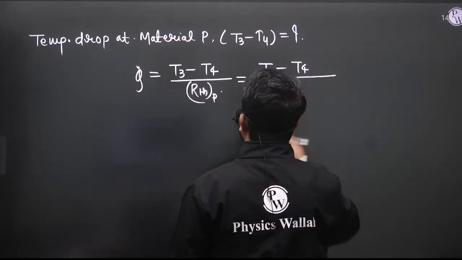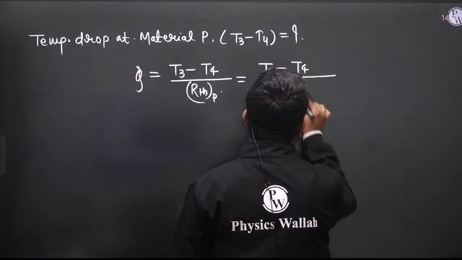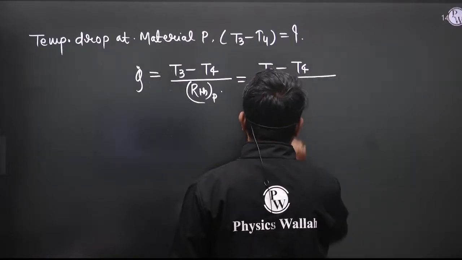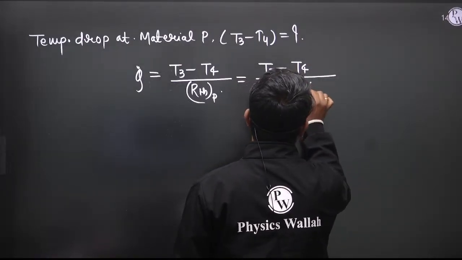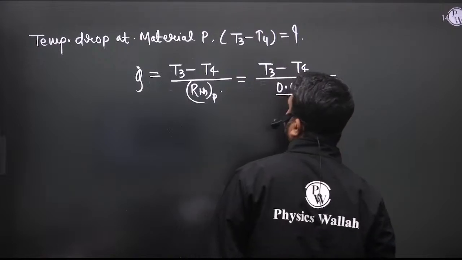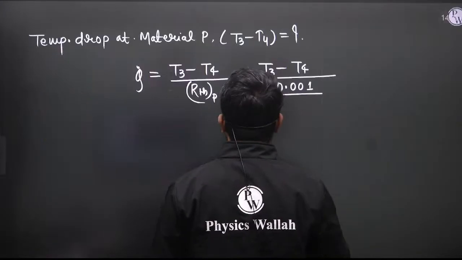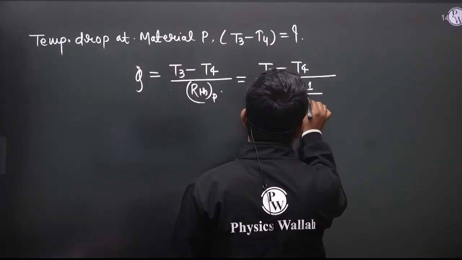So the thickness is 1 mm, correct? So 0.001, this is L divided by Kp. Kp you already calculated, this is 0.1 into area.